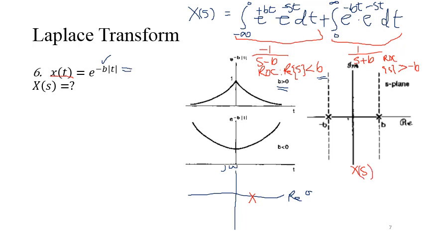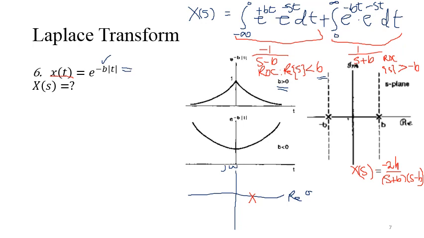You take the LCM and simplify it, and you will get 2b over, minus 2b over (s plus b) times (s minus b). So that is the expression if you sum the two.